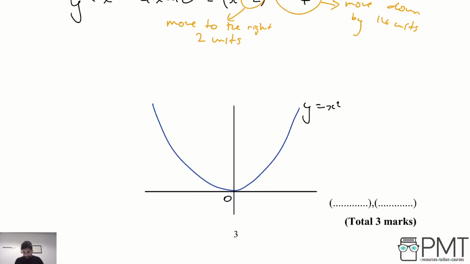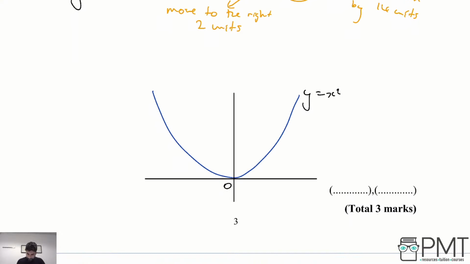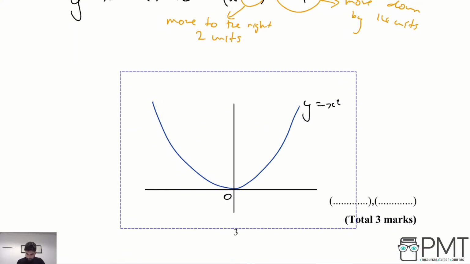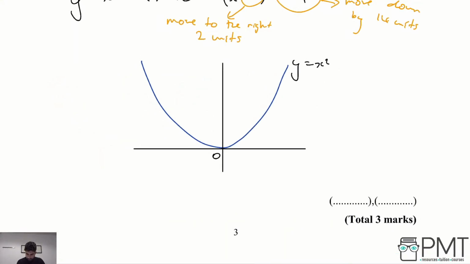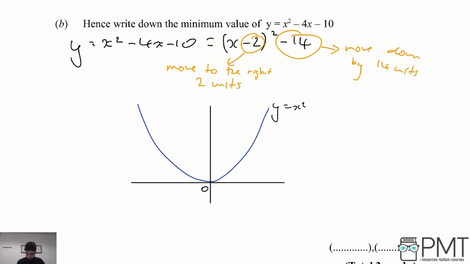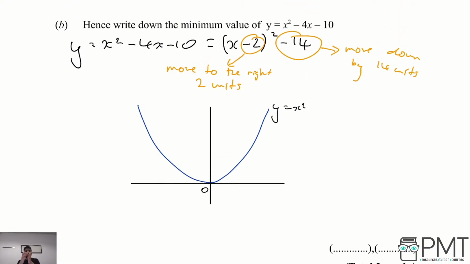So what does that mean? That means when we start with y equals x squared, we need to move this 2 units to the right and 14 units down. Right, thank you, Isabella. What's the final point then? What's the minimum value? I will just make this a bit longer. We need a long axis.